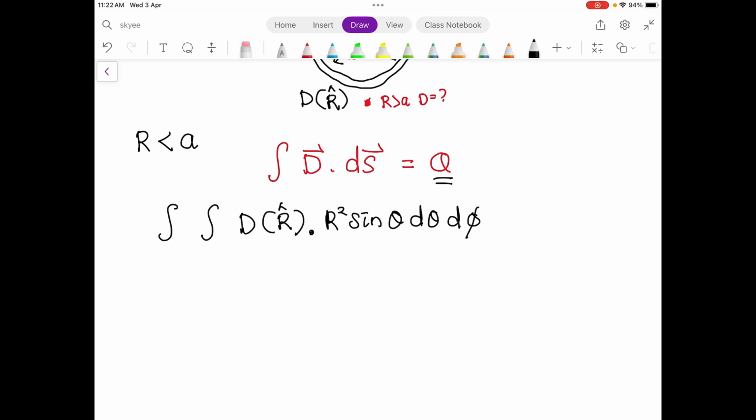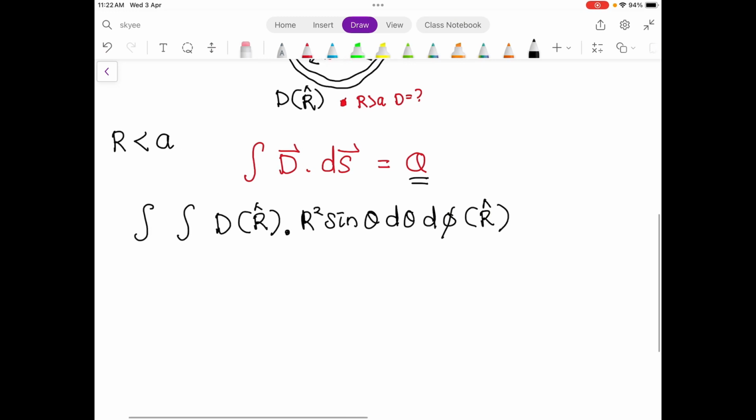I think you're used to this already, because we tried a few exercises in tutorial week 2. The interval for theta is from 0 to pi, and for phi from 0 to 2 pi.